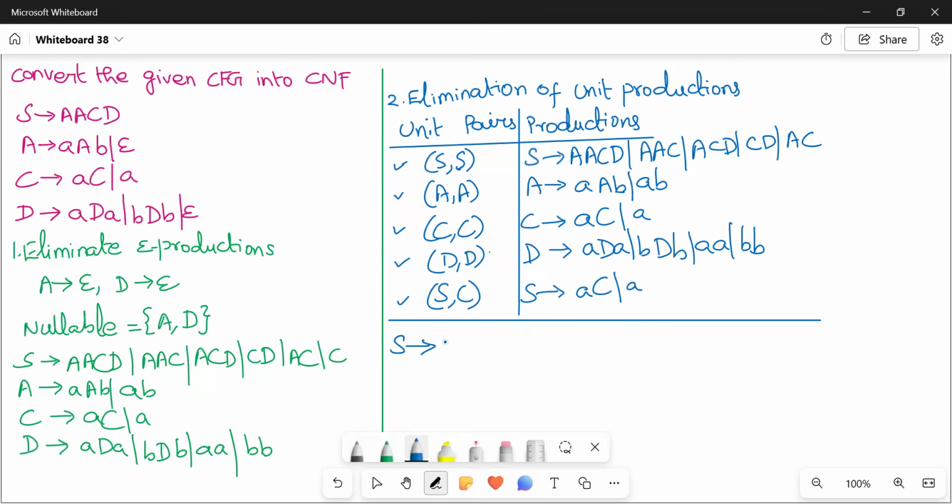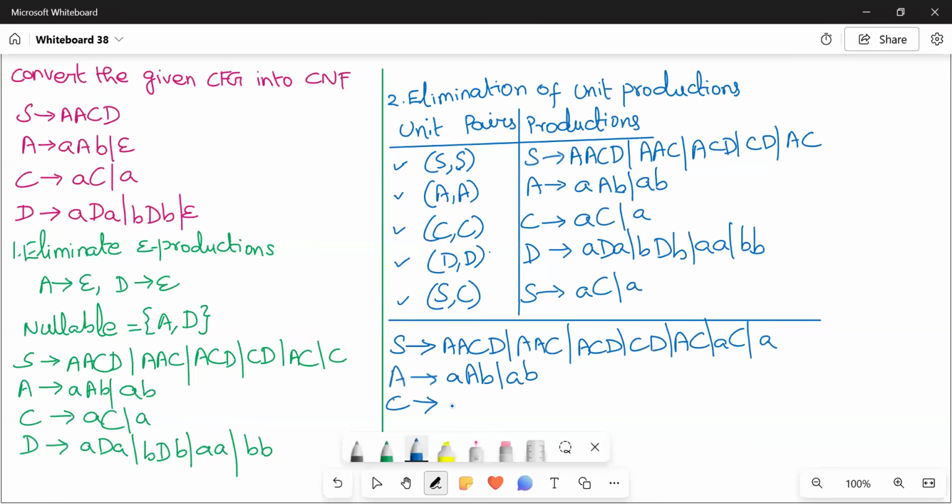S tends to AACD bar, AAC bar ACD bar CD bar AC. Now combine this also. AC bar A. Now rewrite ACD as it is. AAB bar AB. Then C tends to AC bar A.